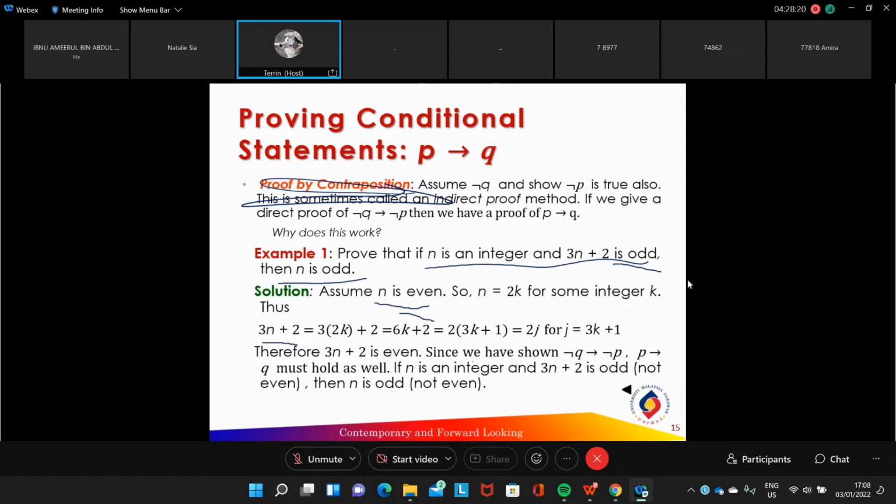In a lot of cases, use the direct first because it's so easy, so straightforward. Unless there is no way to get the answer using a direct, then you go about using the indirect. Because like in this case, there's no way you can just come to a conclusion that it's odd. How are you going to prove this Q is true by just assuming the first one is true? Because we cannot prove the first one in a direct way.